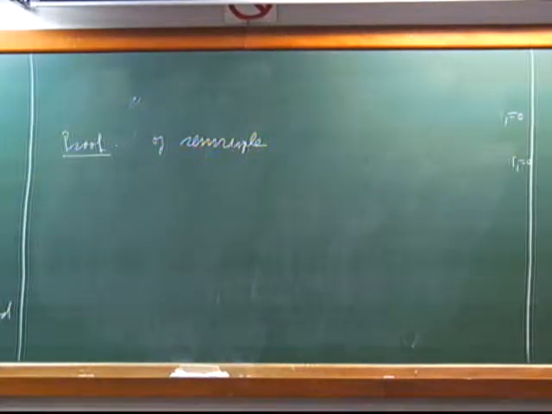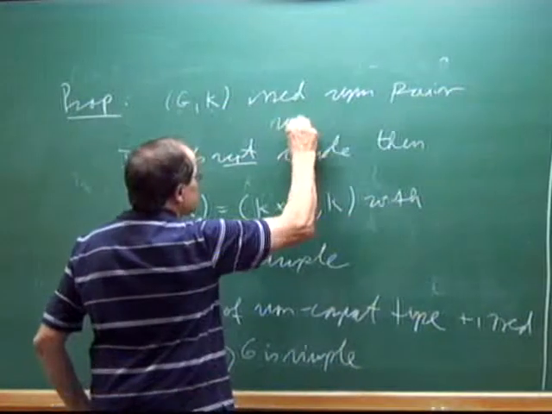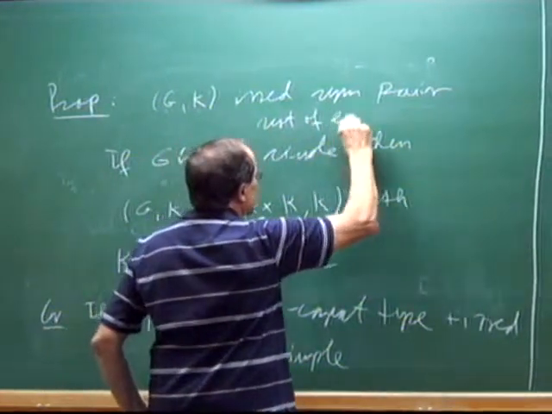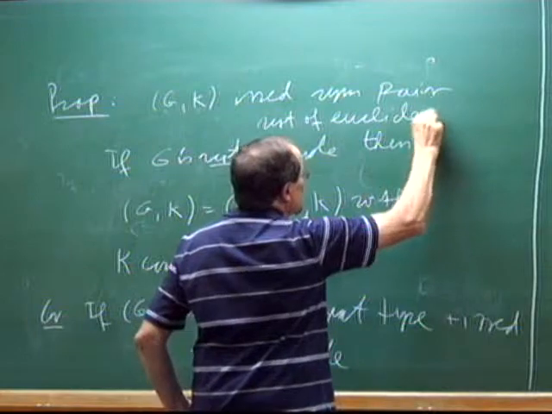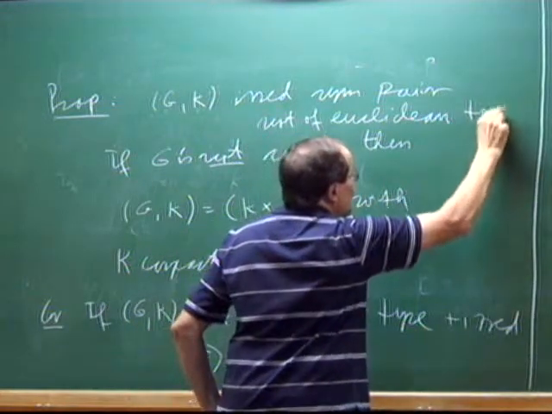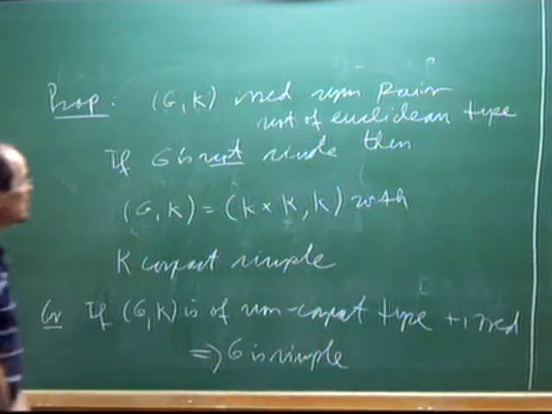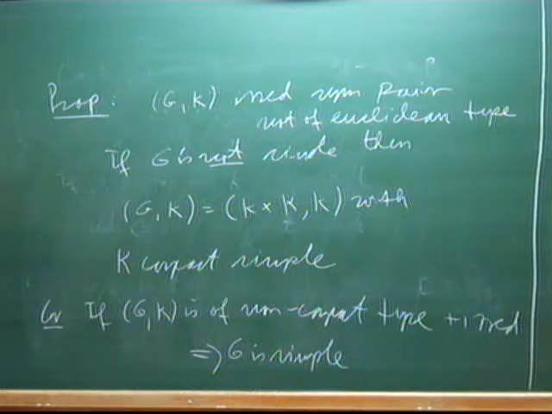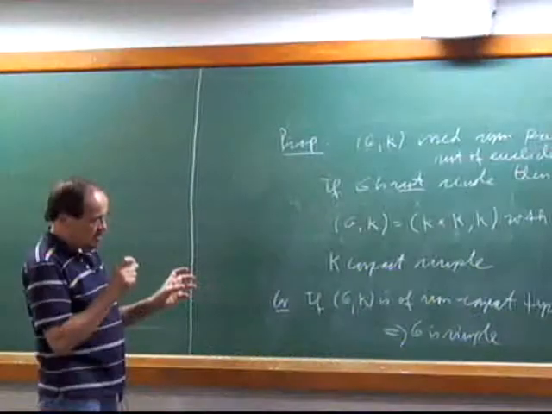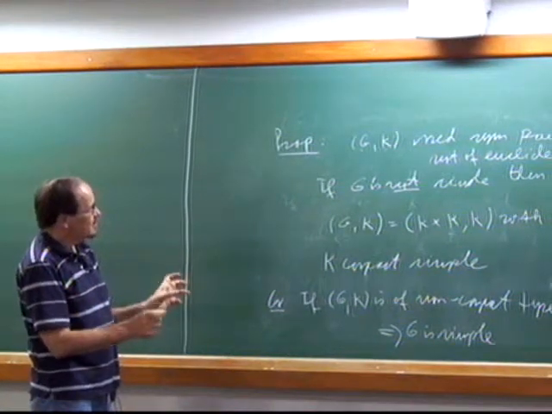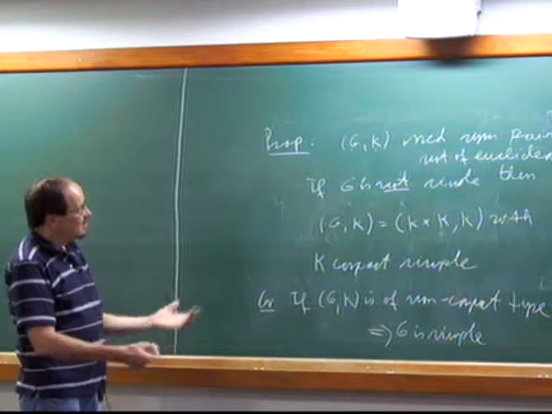Of course I should say an irreducible symmetric pair, not of Euclidean type. For Euclidean type it's not true: the group G was rotations semi-direct product the translations, so it's non-compact, but it's not of this type.